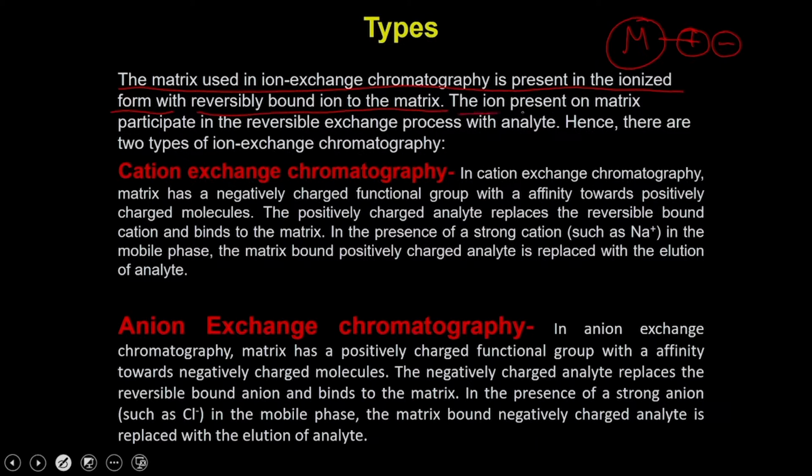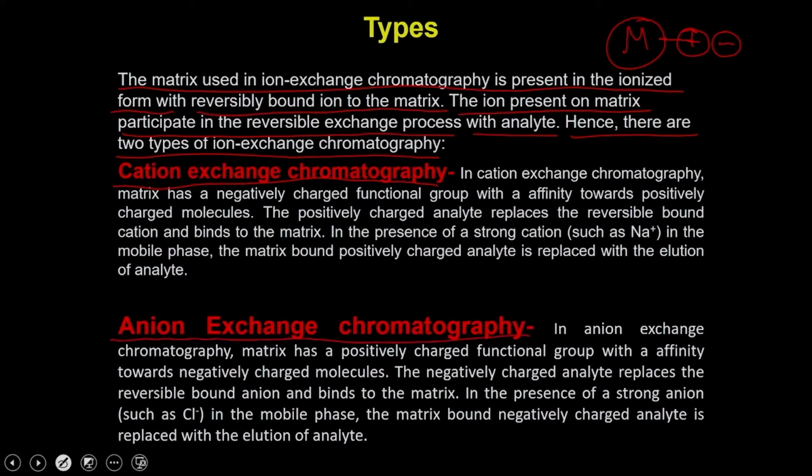The ions present on the matrix participate in a reversible exchange process with the analyte. Hence, there are 2 different types of ion exchange chromatography: one is called cation exchange chromatography, the other is called anion exchange chromatography.